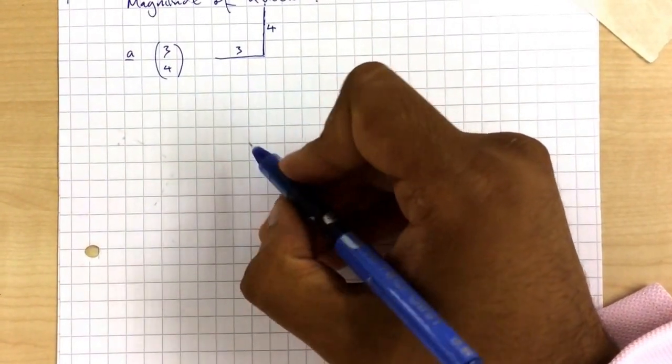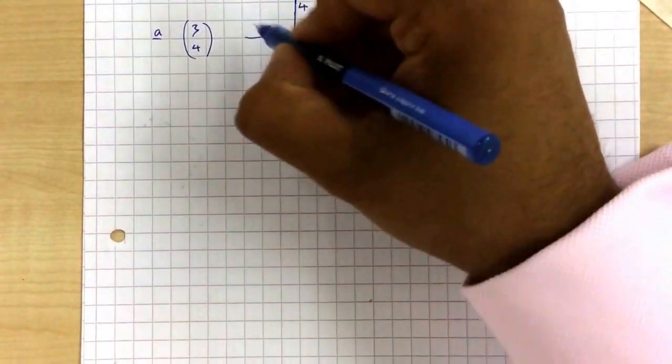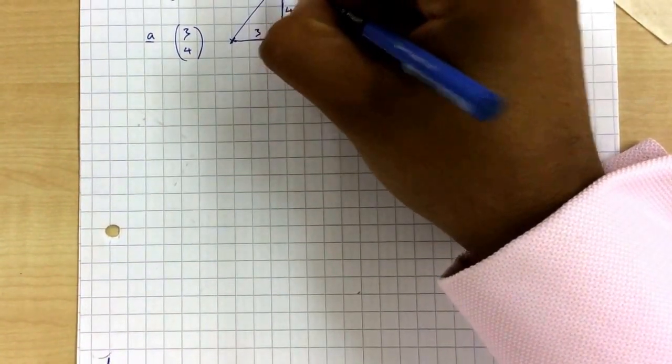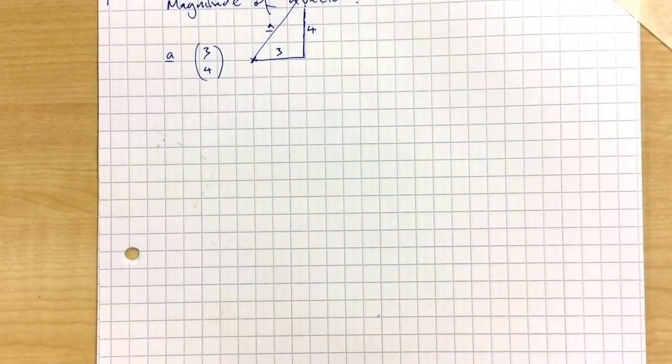If I wanted to find out the magnitude of vector A, I need to know the length of the line. So in this case, it's the length of the line from the start to the finish of vector A. Now to do that, we use Pythagoras.